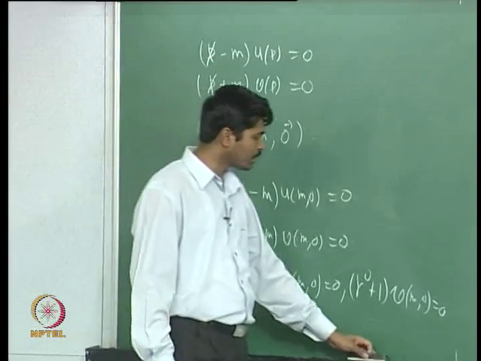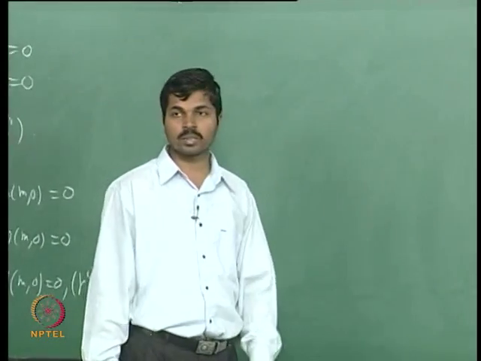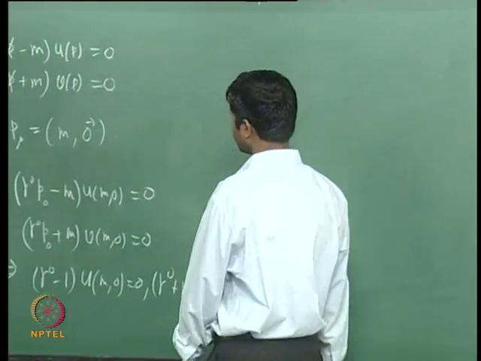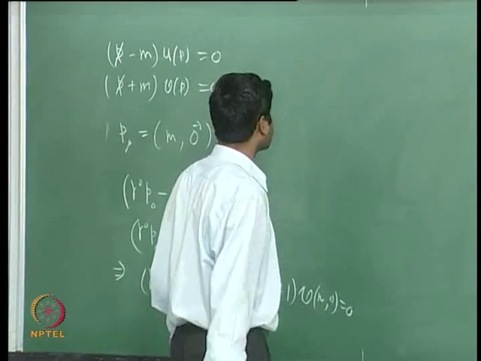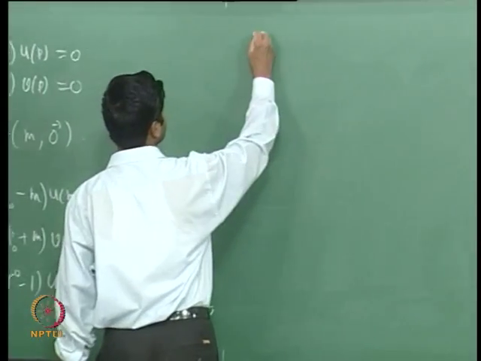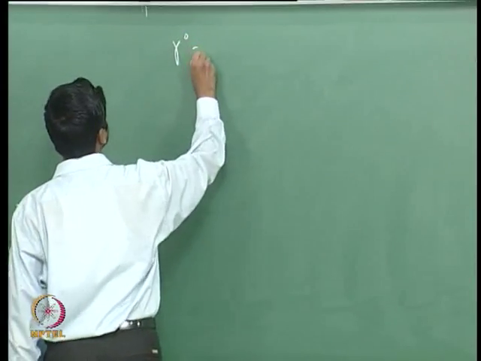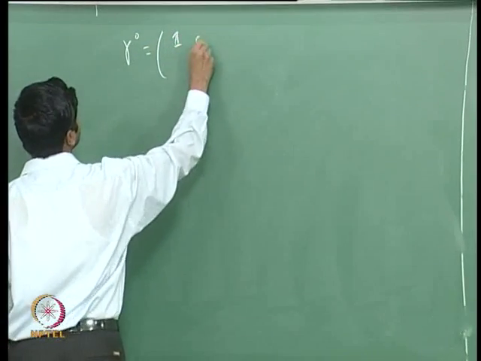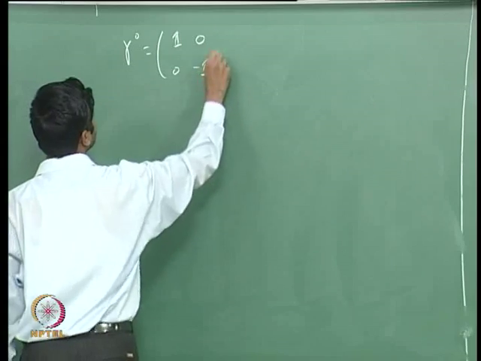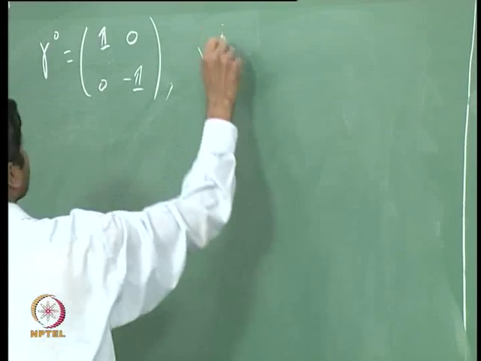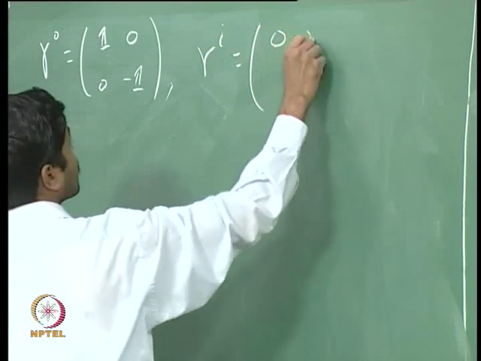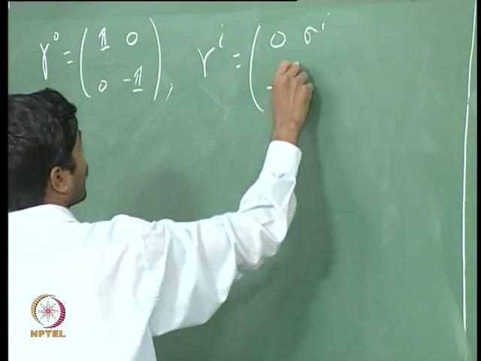To solve this, we will choose one particular representation for the gamma matrices, and then the solutions look very simple in this representation, where gamma 0 is (1, 0; 0, minus 1) and gamma i are (0, sigma i; minus sigma i, 0).